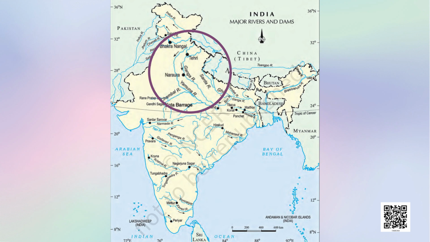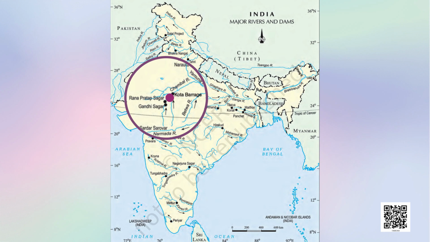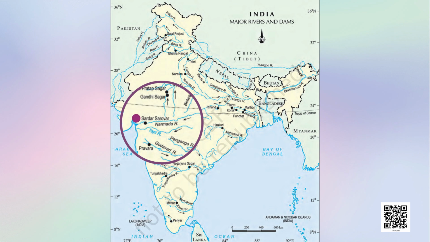This project is situated on Bhagirathi river in Uttarakhand. Next, Rana Pratap Sagar. This is situated on Chambal river in Rajasthan. Next, Sardar Sarovar project. This is situated on Narmada river between MP and Gujarat border.